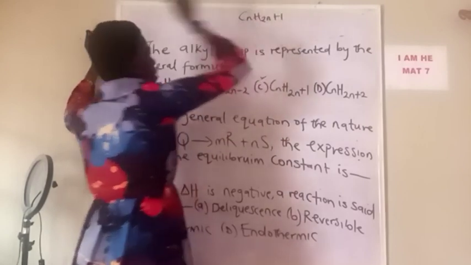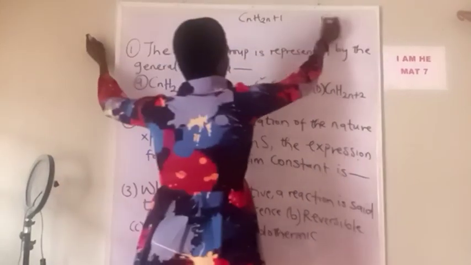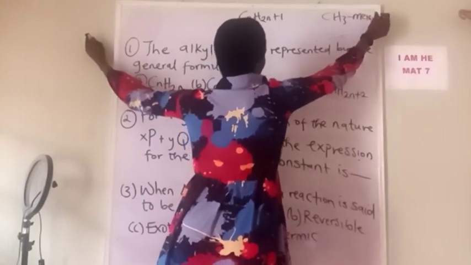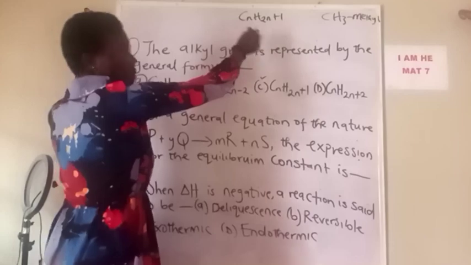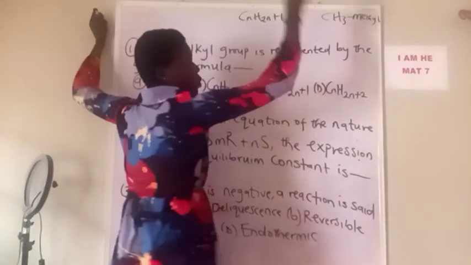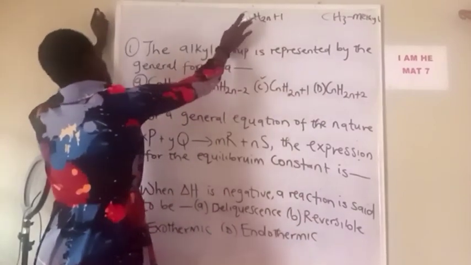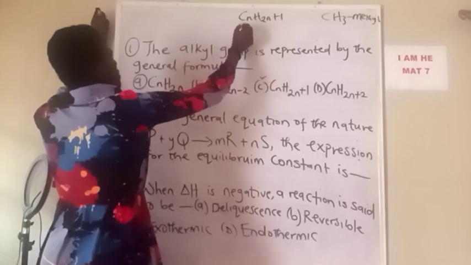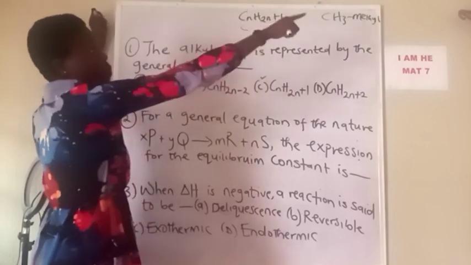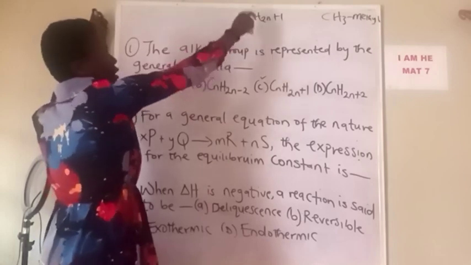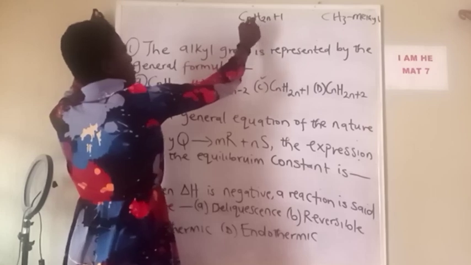Let's check for methyl. We said methyl is CH3. Let's confirm if it's correct. Carbon is 1, hydrogen is 3. In this formula, n represents the number of carbon atoms in the compound.